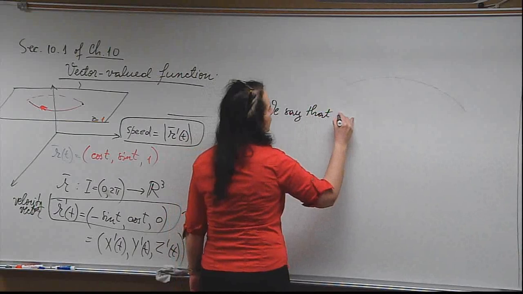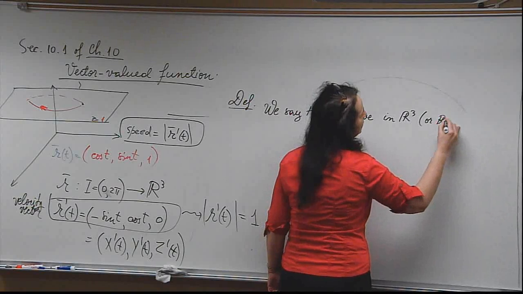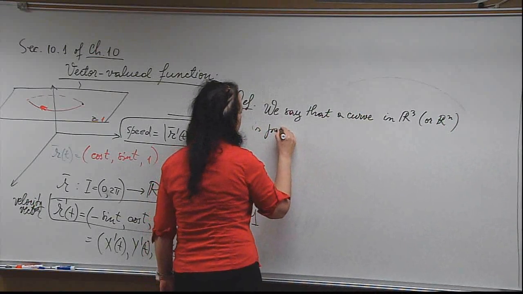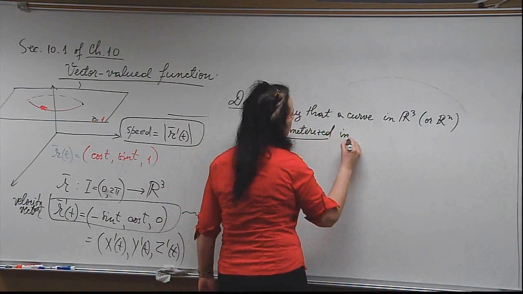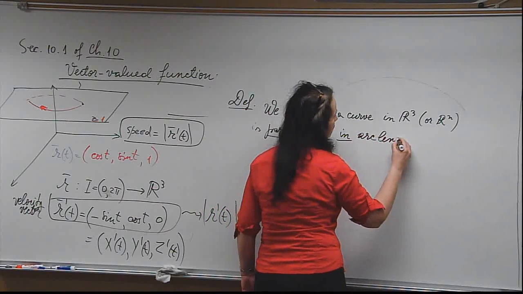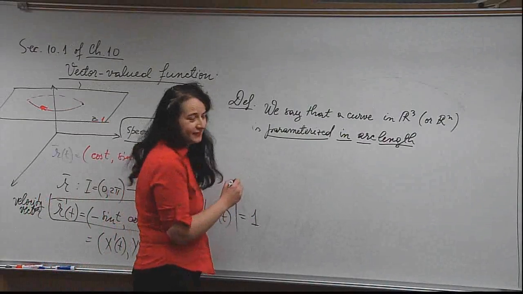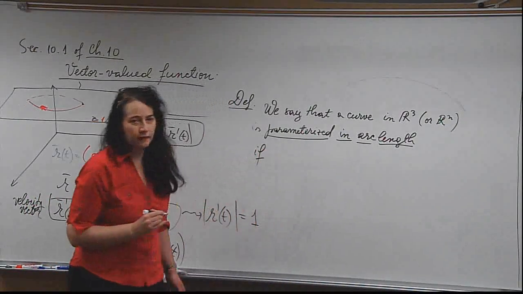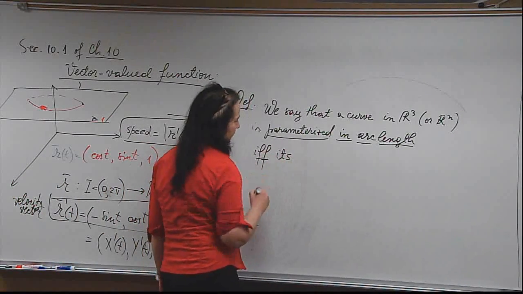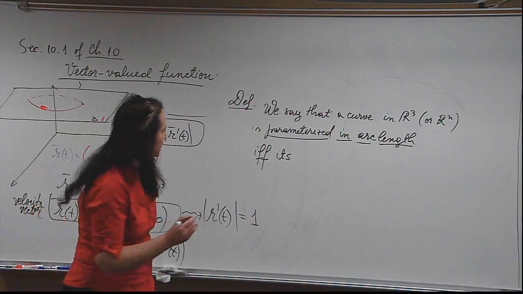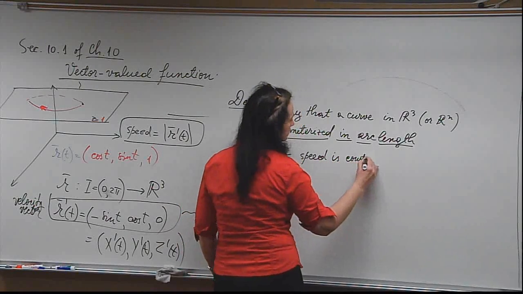So by definition, we say that a curve in R3 or Rn is parametrized in arc length if and only if its speed is constantly 1.